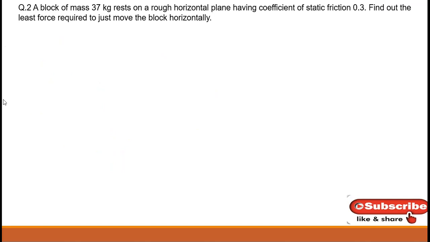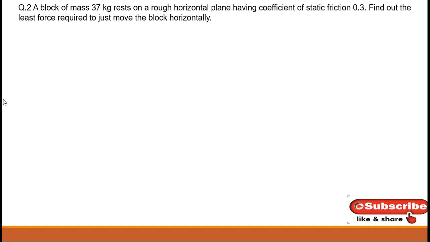A block of mass 37 kg rests on a rough horizontal plane having coefficient of static friction 0.3. Find out the least force required to just move the block horizontally. To move the block just horizontally on the surface, limiting force is required.